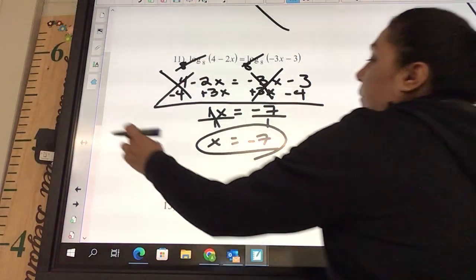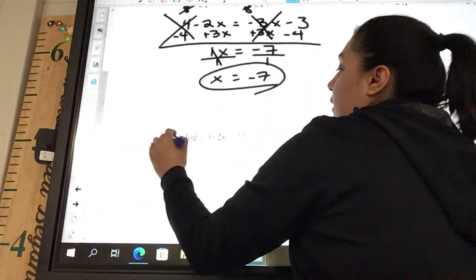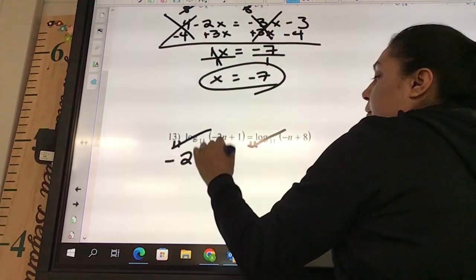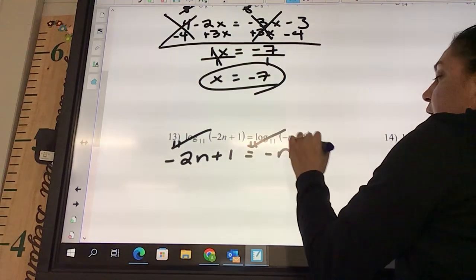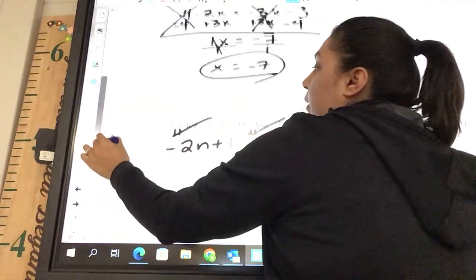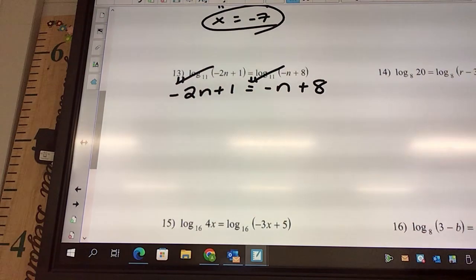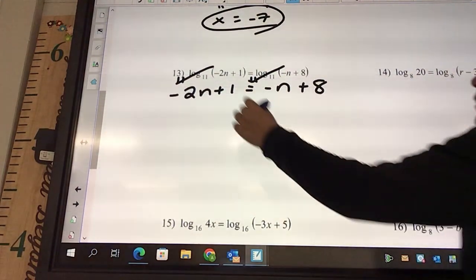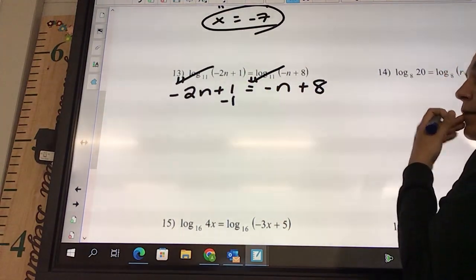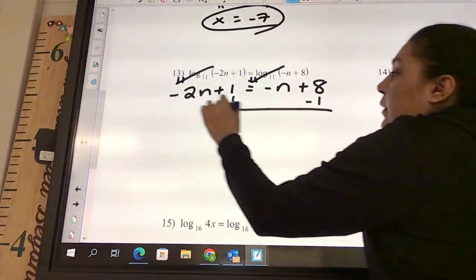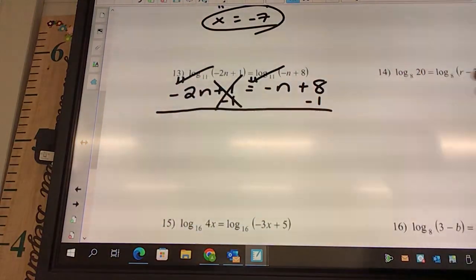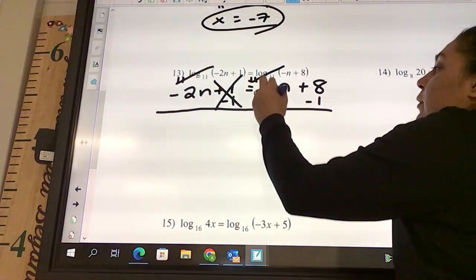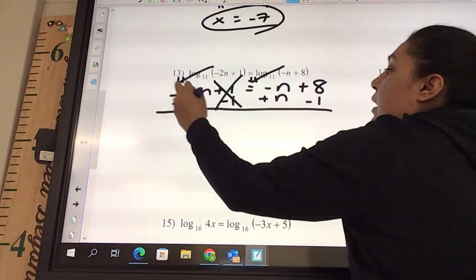Okay, 13. We're going to say to the 11, to the 11. So I got negative 2n plus 1 equals negative n plus 8. What needs moved? The 1 needs moved, and where are we going to put it? Under the 8. Why the 8? It's another number. What else needs moved? The negative n, so we're going to say plus n plus n.